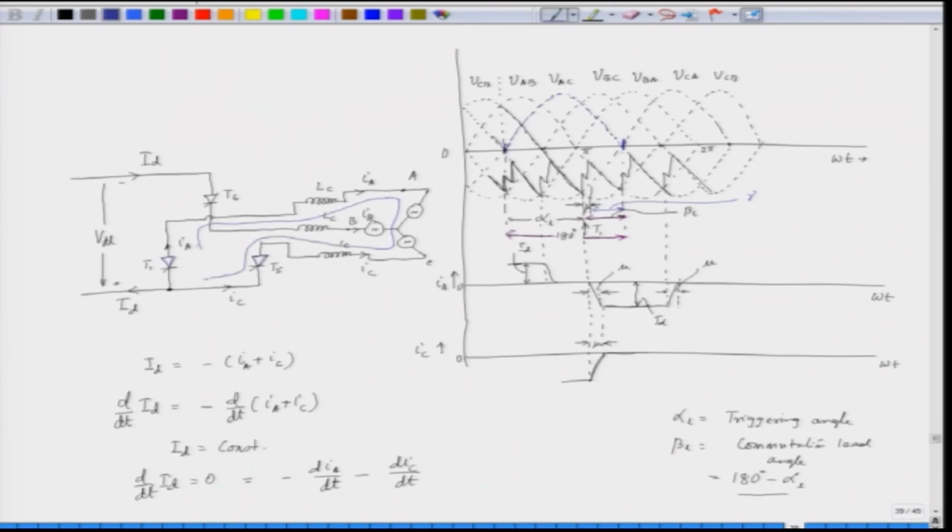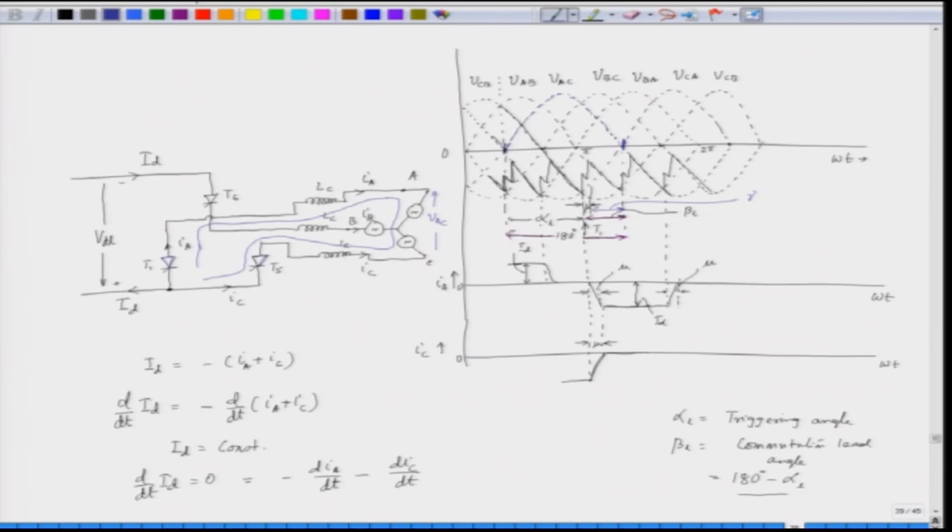It is a closed loop. So, we can apply the Kirchhoff's voltage law.